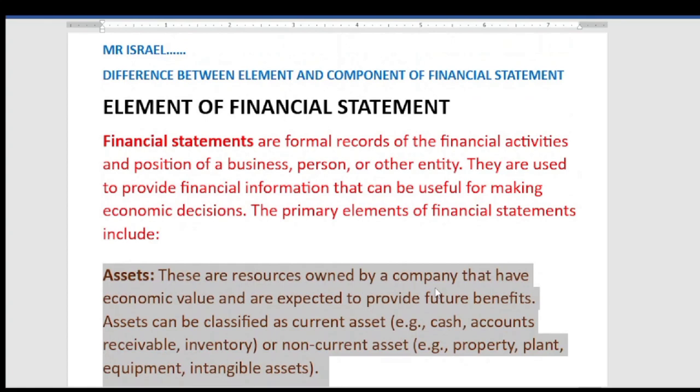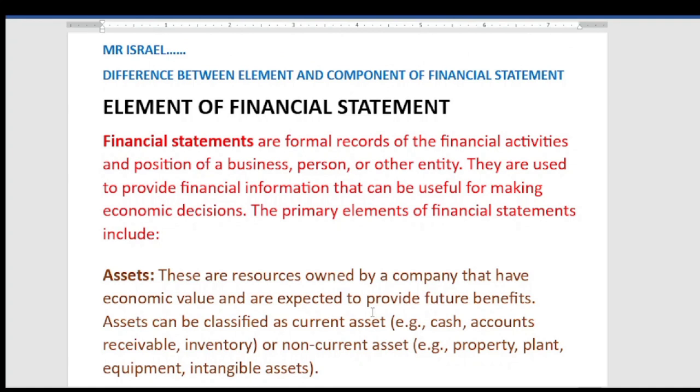Assets are resources owned by companies that have economic value and are expected to provide future benefit. You know the definition of assets. They are resources owned by a company that have economic value and are expected to provide future benefit. One of the elements is asset.